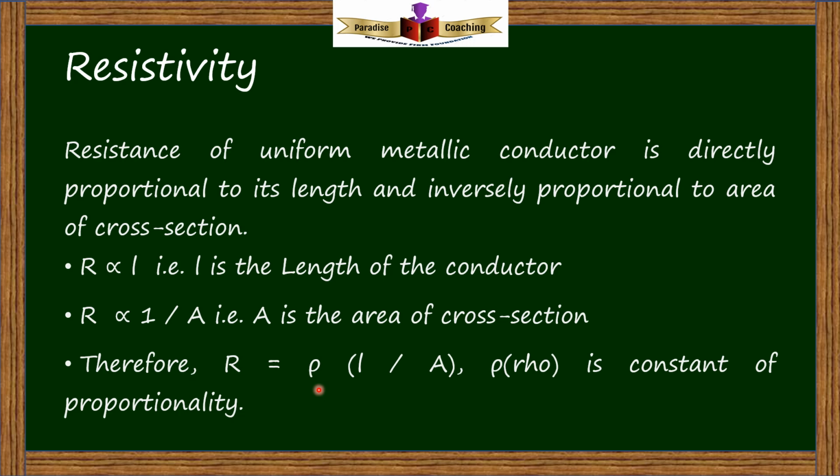As we have seen, the resistance of a uniform metallic conductor is proportional to the length of the conductor and inversely proportional to the area of cross section. So mathematically we got a relation R equals rho L upon A, where rho is termed the resistivity of the conductor. And of course that resistivity depends upon the material. Let's find out more on this term resistivity.